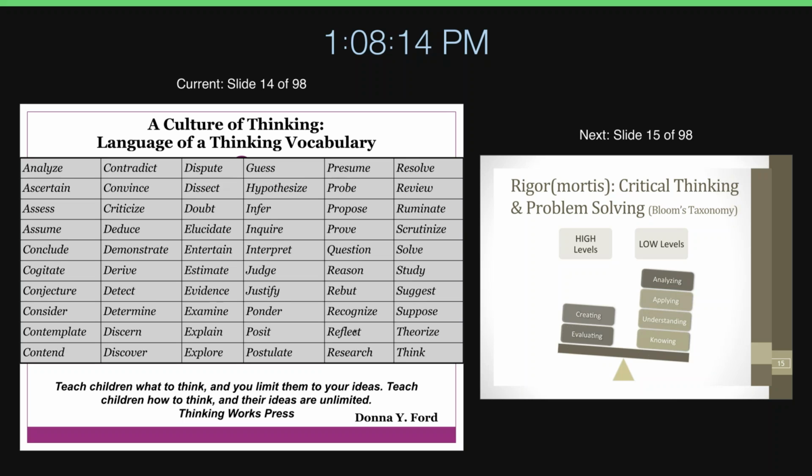And so we as educators have to do a much better job of promoting an extensive vocabulary among our students. I like the idea of having, for example, vocabulary walls, and this would just be a small example, but it should go with every discipline.